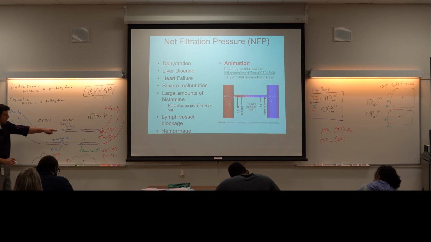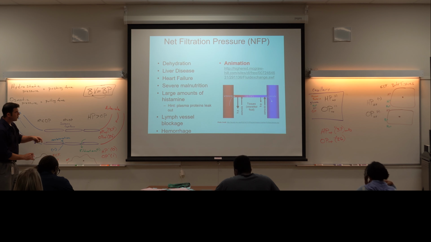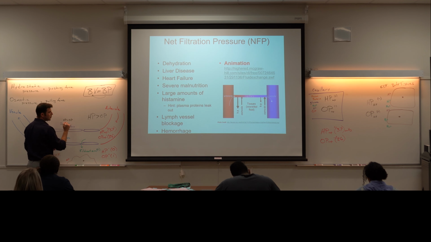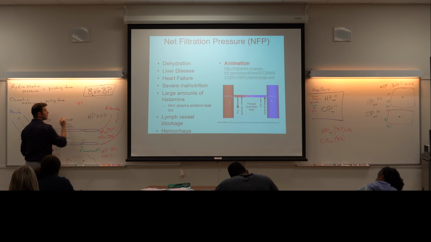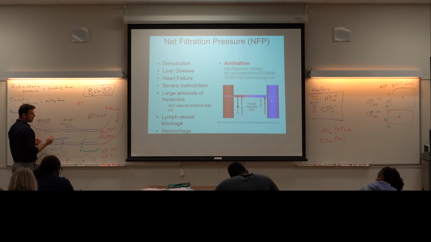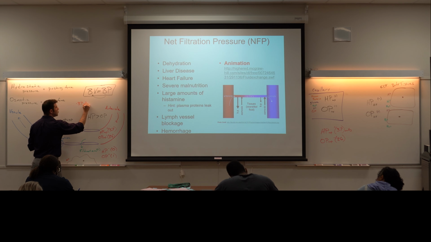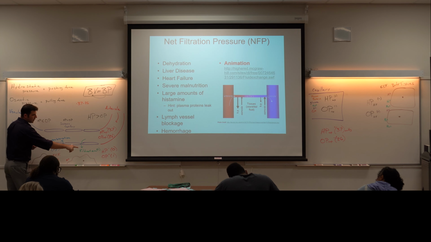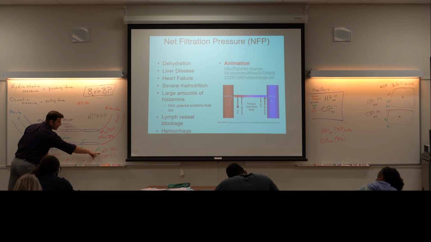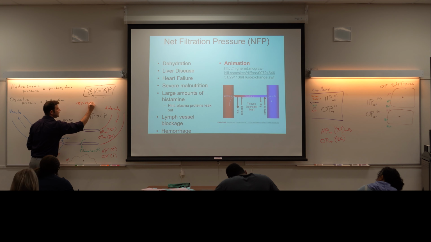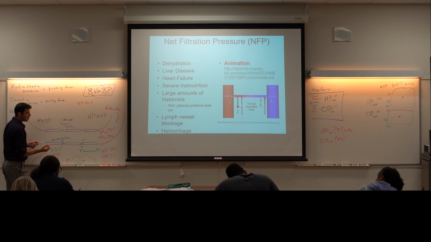Let's go up here and do some math. At the arterial end, we've got our hydrostatic pressure of 37. That's a positive number, so a positive 37. We've got a negative 26. Then the hydrostatic pressure out there, that's a negative number, but it's a 0, so that's not changing much.